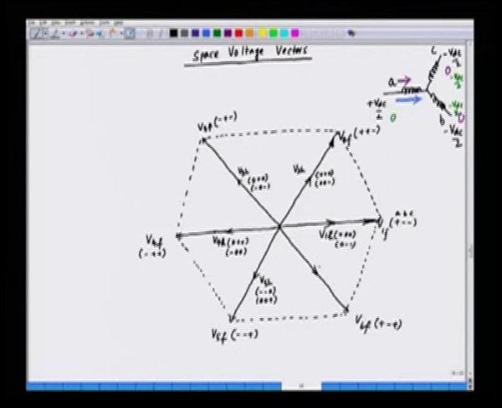So, this is V6H, and that is possible by applying plus 0 plus or 0 minus 0. So, these are the half voltage vectors.